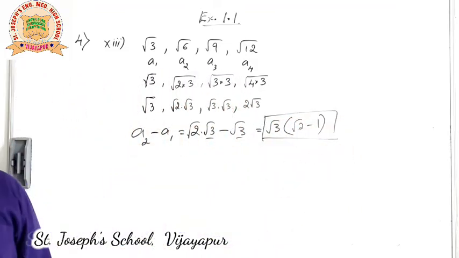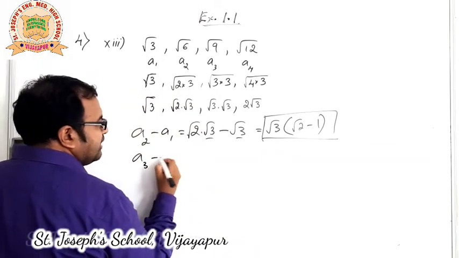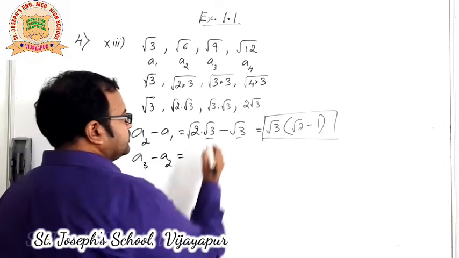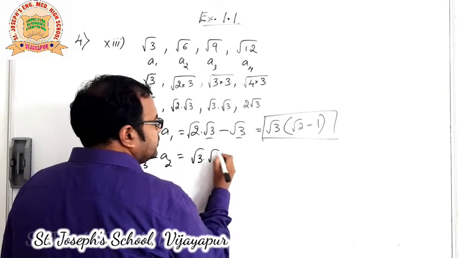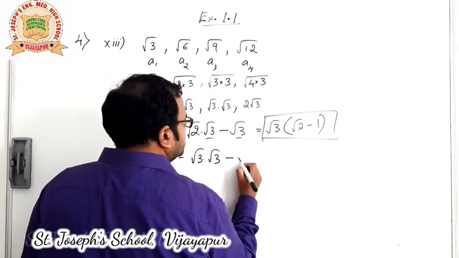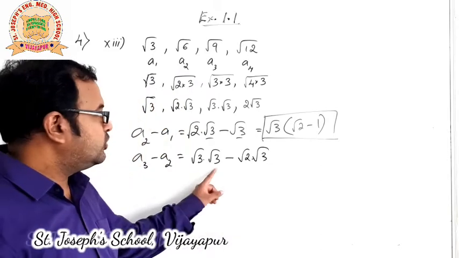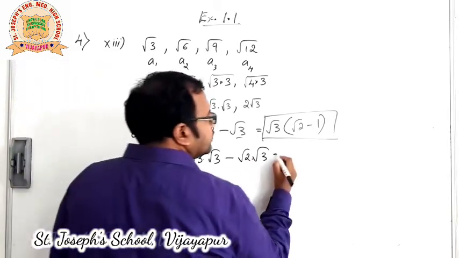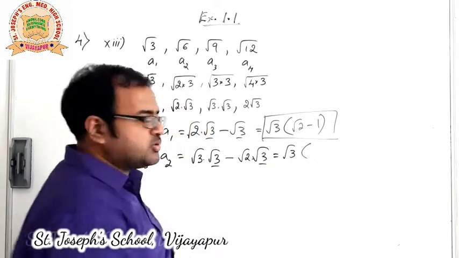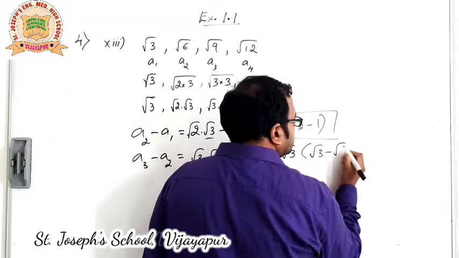Let me try to find out the difference between the next two terms, that is a3 minus a2. a3 minus a2 is equal to root 3 into root 3, or you can simplify this as 3, no problem, minus root 2 into root 3. Now what is common in both? Root 3 is common. I take out one root 3 common outside. What is left out is root 3 minus root 2. So I got root 3 minus root 2.